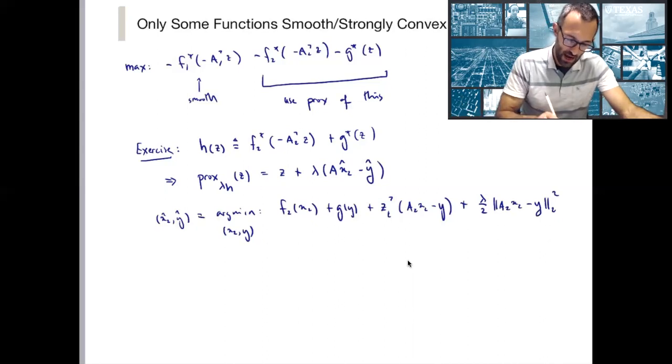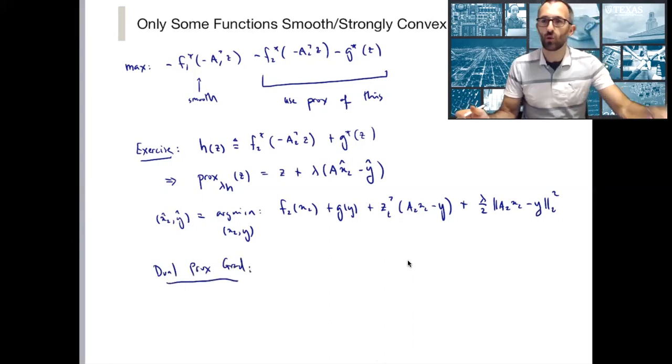So dual Prox Grad, in this case, becomes a combination of what we had before.